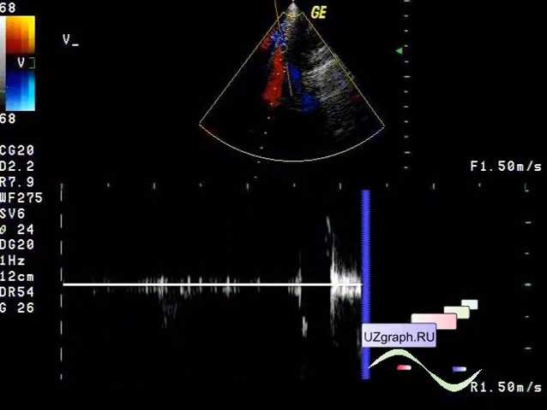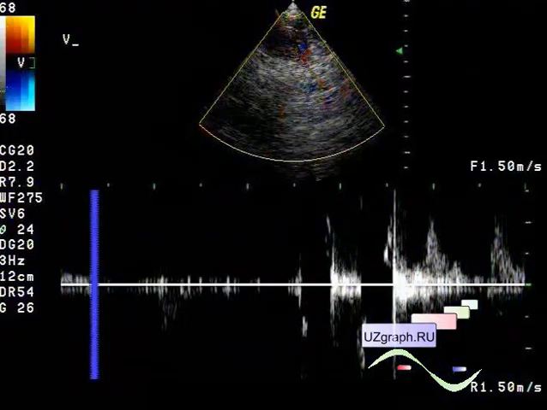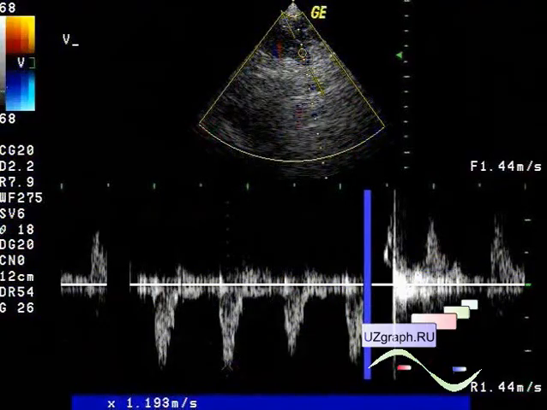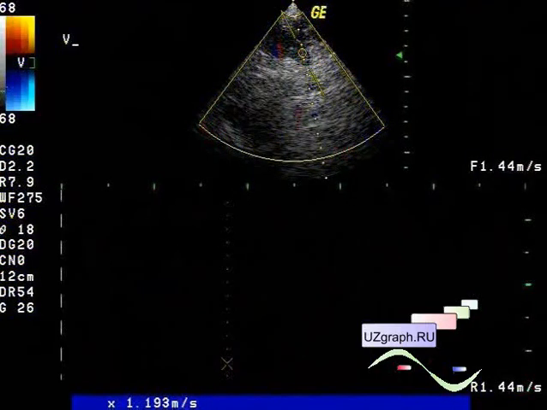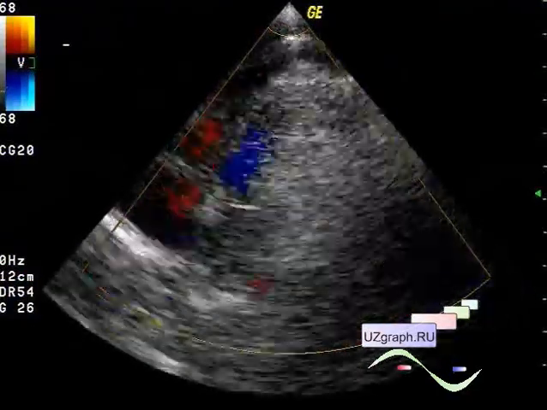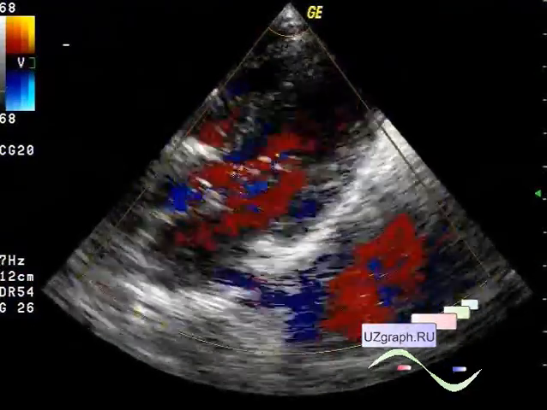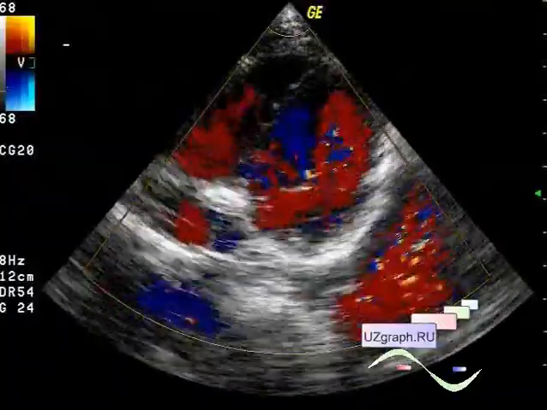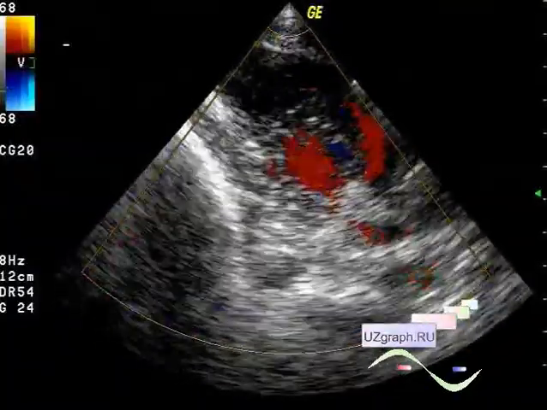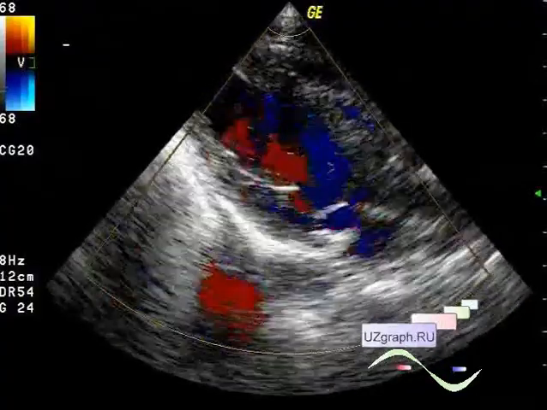Next, we move the probe a little higher to record peak systolic velocity in the thoracic aorta near the aortic isthmus area. Someone recommends placing the probe in the suprasternal position, but it's not diagnostic in some patients, especially pediatric.